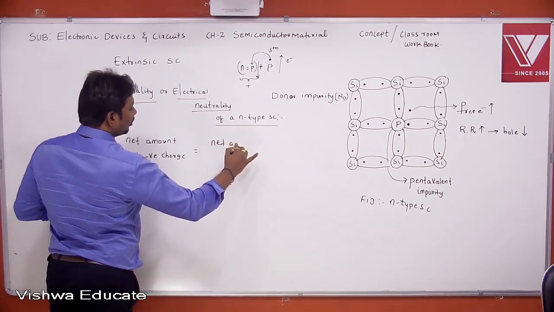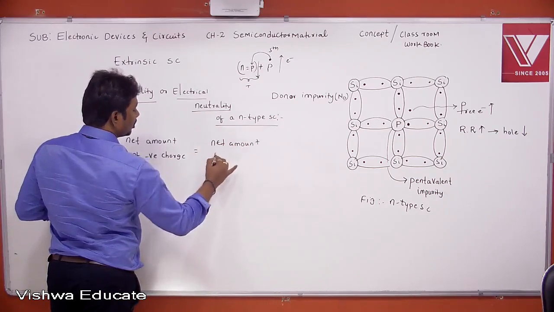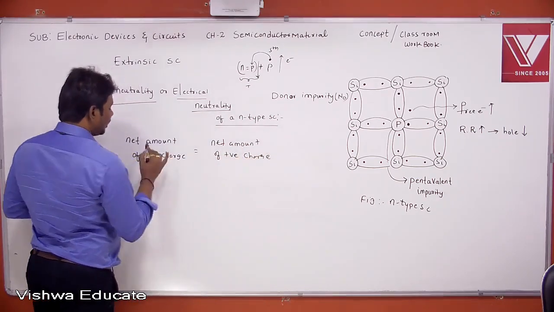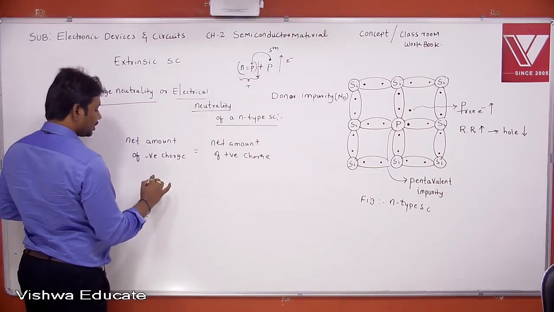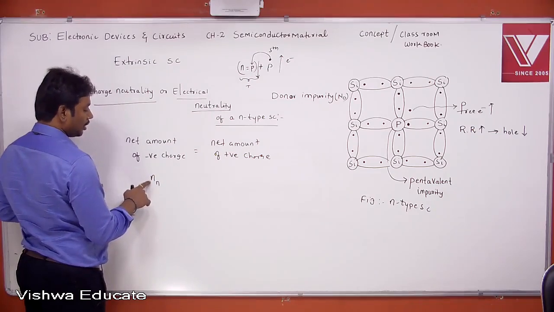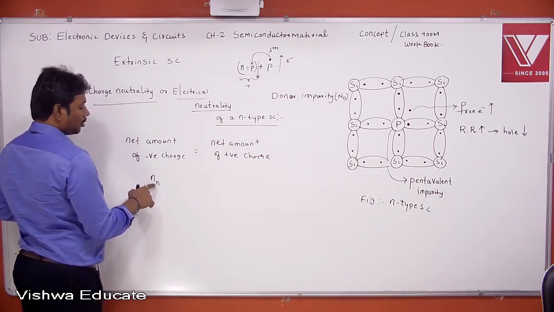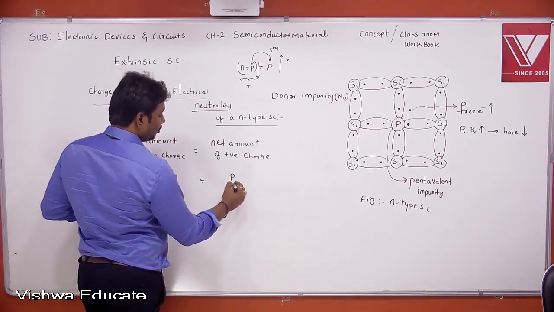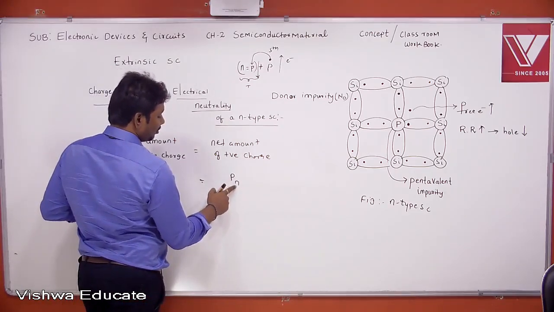And what about the net amount of positive charge? The net amount of negative charge in the entire semiconductor is nothing but the free electron concentration, Nn. Nothing but free electron concentration in the entire semiconductor. What about the net amount of positive charge? Pn, the hole concentration in the entire semiconductor, right?